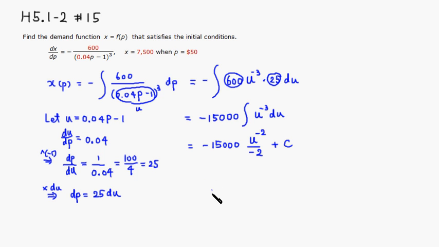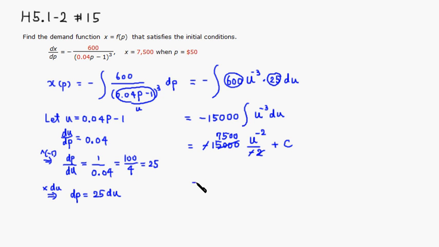Let's simplify a bit. The negative sign and the negative sign on the bottom cancel out. 15,000 divided by 2 is 7,500.